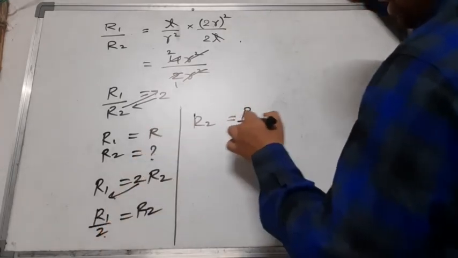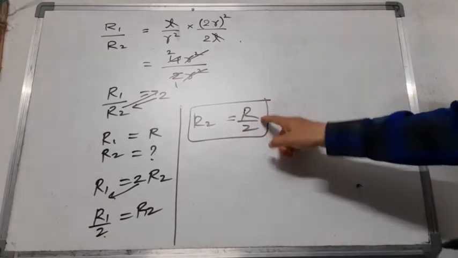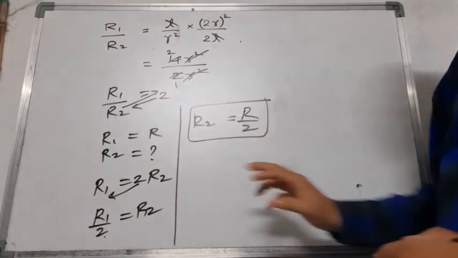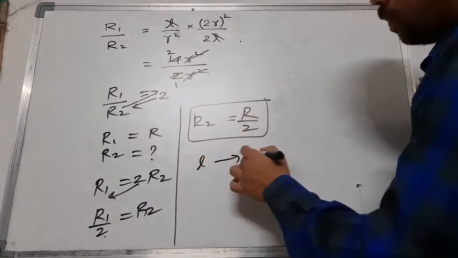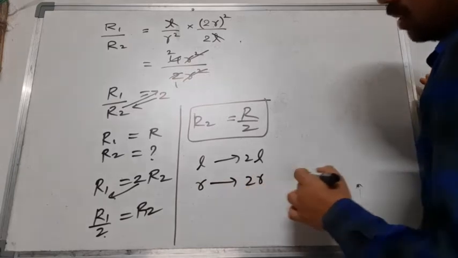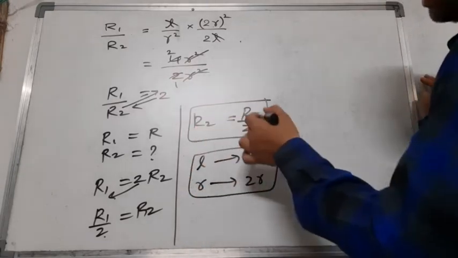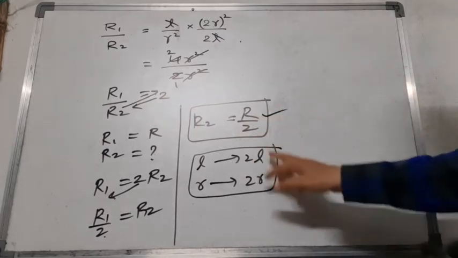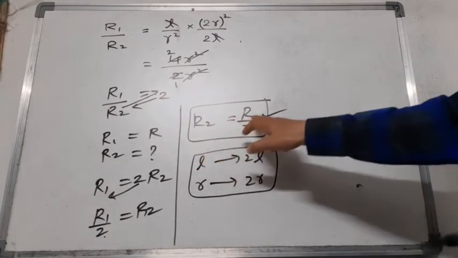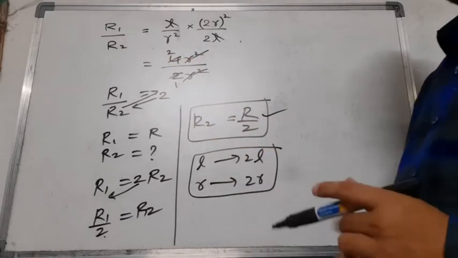So resistance is half the initial resistance. If you double the length and if you double the radius of cross section, the final resistance becomes half the initial resistance. Like this you will get the result about that one.